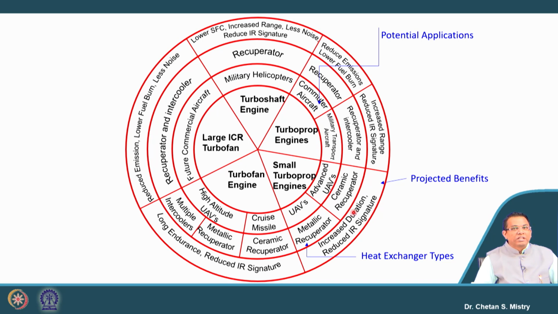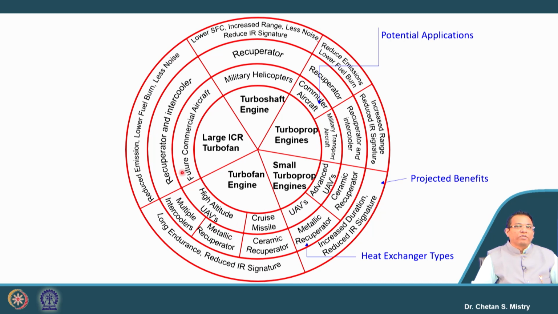And in this we have the heat exchanger that they have implemented, what we have discussed for intercooling and recuperative configurations, where we have the recuperator. They are of different configurations along with the intercooler, and they have potential benefits.